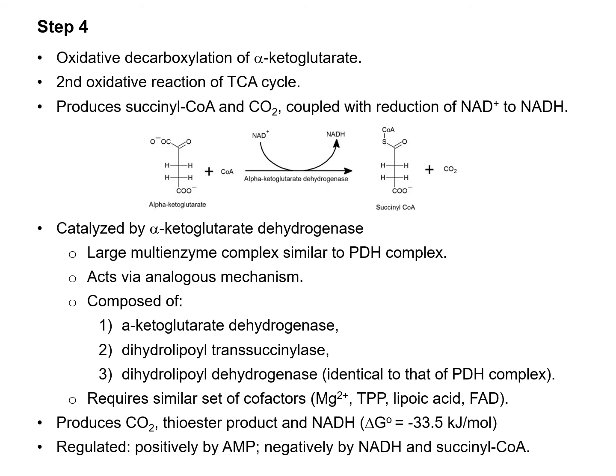And this reaction produces carbon dioxide, succinyl-CoA, and NADH with the delta G naught value of minus 33.5 kilojoule per mole. So it's a negative value, meaning that it's a spontaneous reaction. And this reaction can be regulated positively by AMP and negatively by NADH and succinyl-CoA.